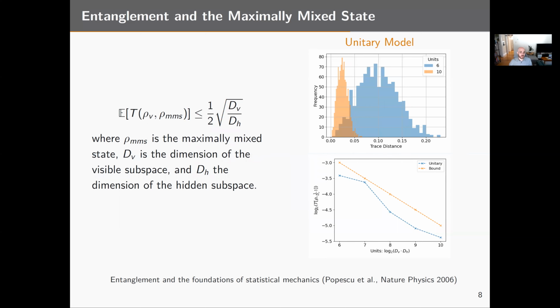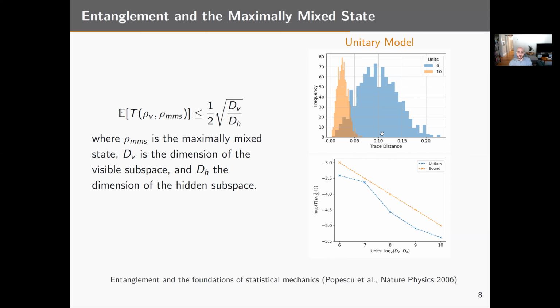If we study the question that way, we get that when we look at our reduced density matrix corresponding to the visible subsystem and compare it against the maximally mixed state of the corresponding dimension, the expected value of the trace distance between those two can be bounded by 1/2 square root of dV divided by dH. This leverages a result by Popescu et al. from 2006.